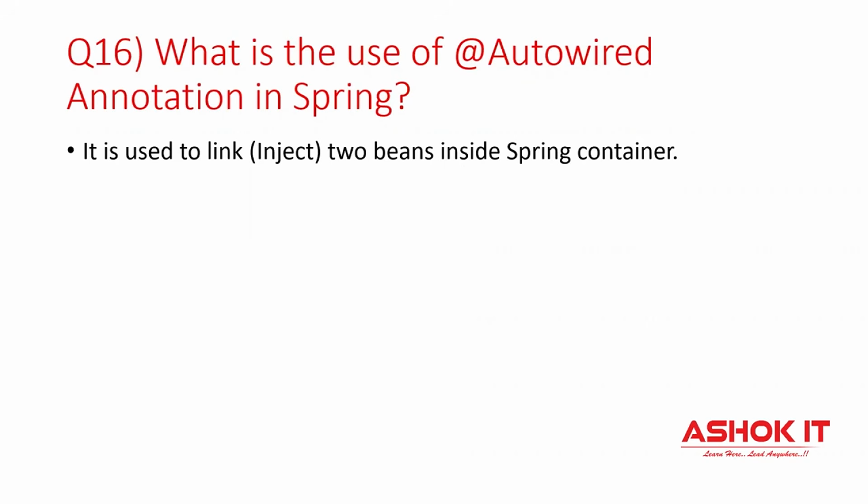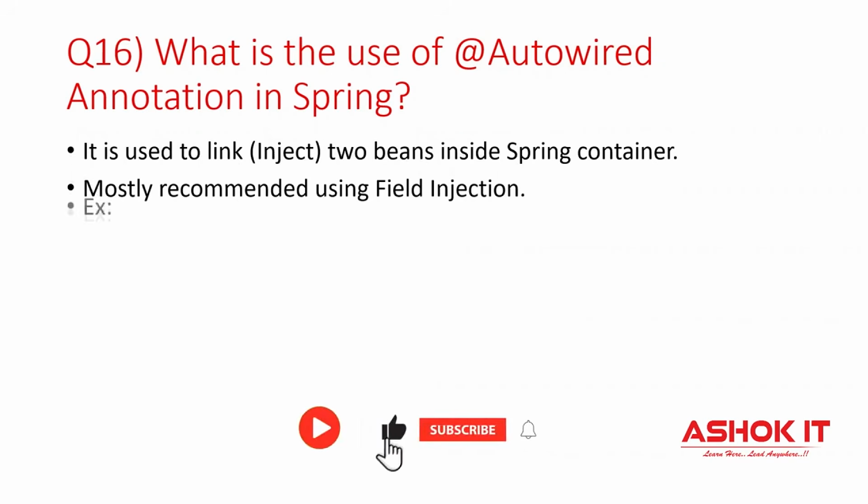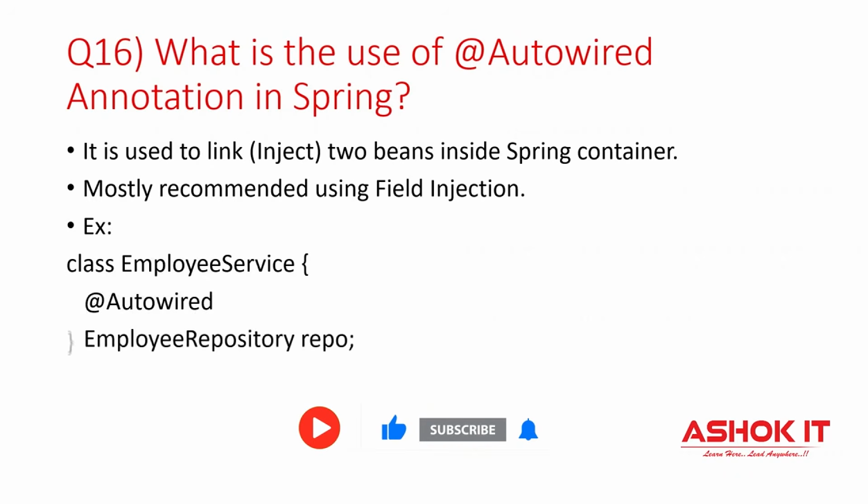You can even define @Autowired for interface dependencies also. At runtime, it will choose the implementation objects. It's actually recommended mostly for field injection. You can see some sample code. So here, the service object is linked with the repository object.